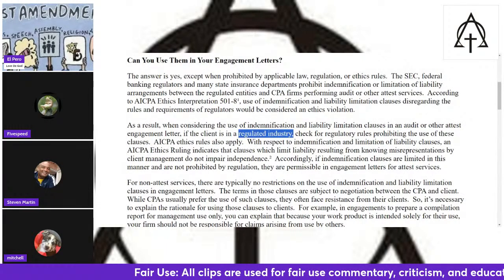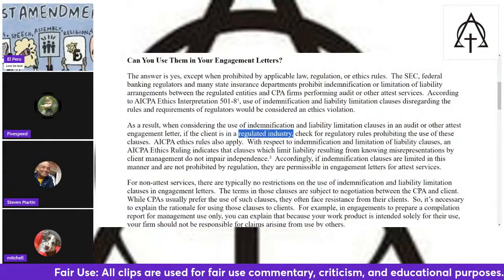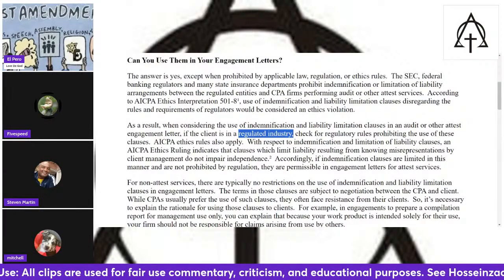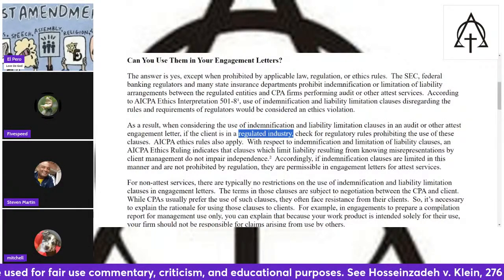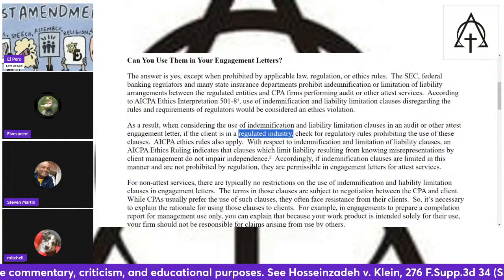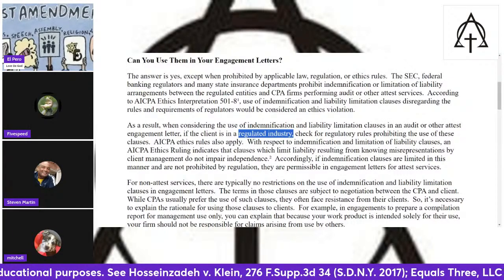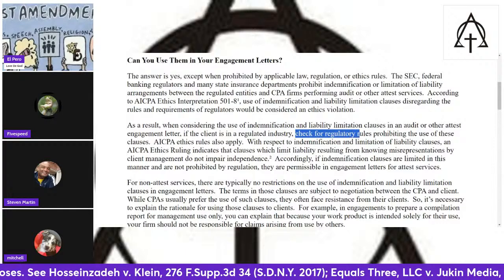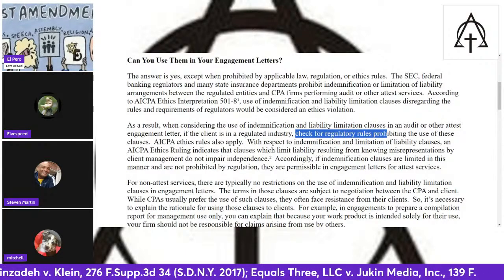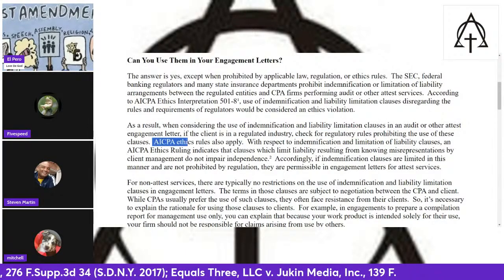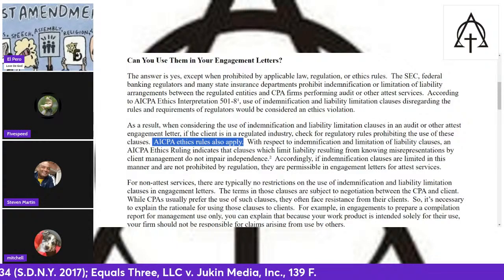Again, if you're coming in as third-party benefactor, it's simply customer agrees to make third-party payment so long as it's understood that credit is given to the customer's account. Check for AICPA ethics rules also apply.